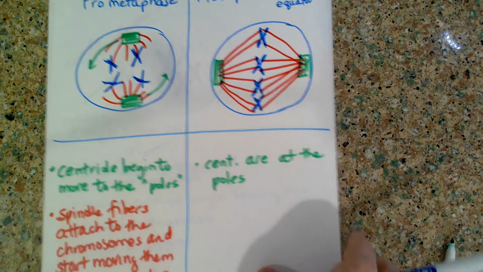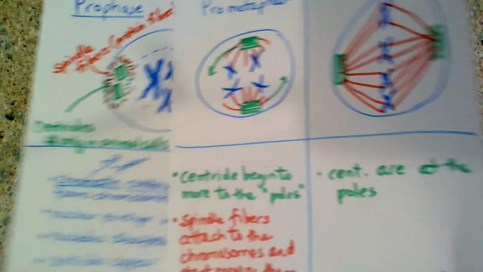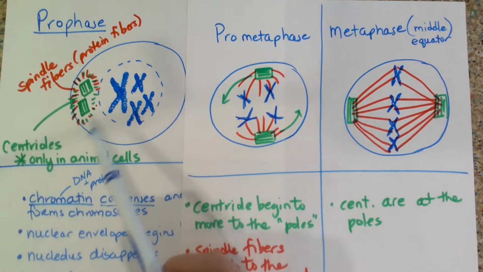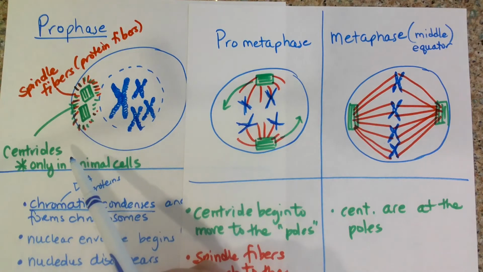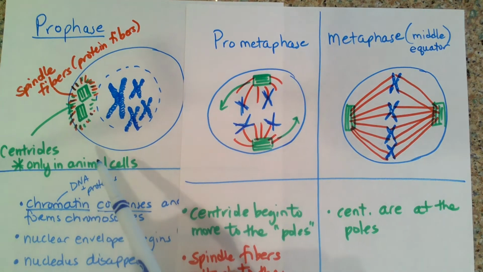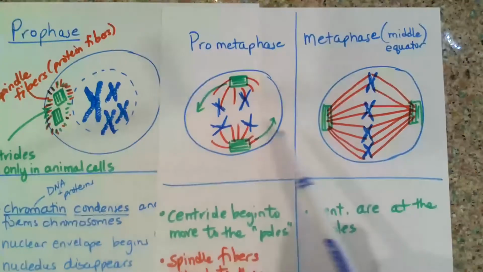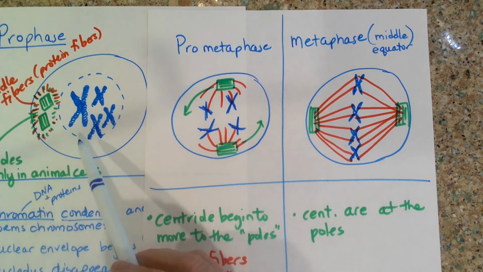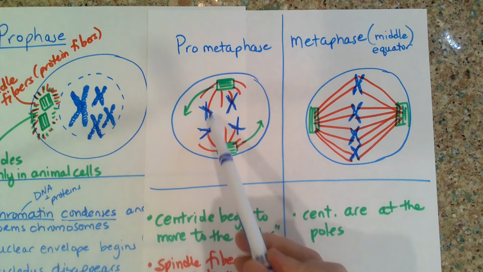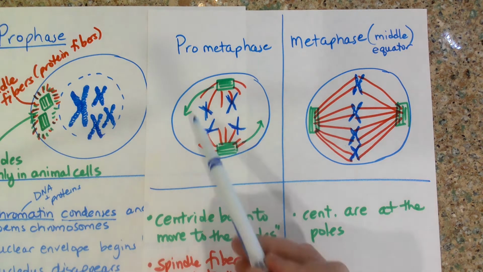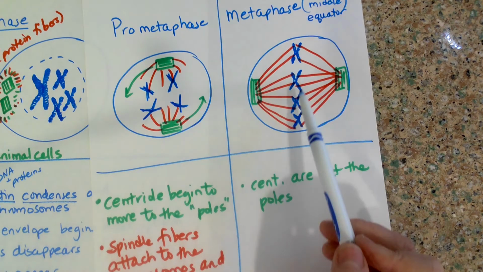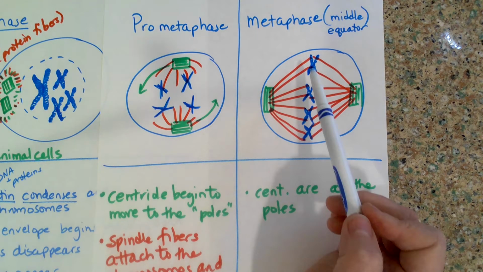So if you were to look at your images, okay, so prophase, they just become visible and the centrioles show up. Then the centrioles start moving until they get to the poles. But as they're moving, they send out their spindle fibers and they start attaching to these chromosomes. And then they're moving these chromosomes into position where they are all lined up.